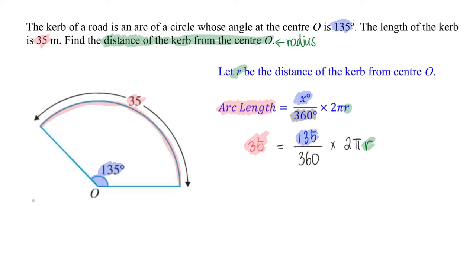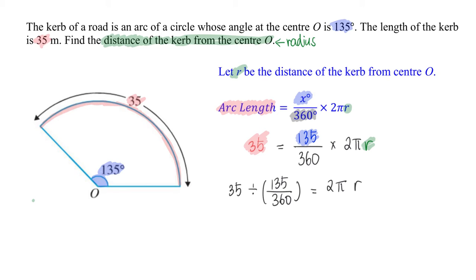So step 1, let's do some algebra. I'm going to divide by 135 over 360 on both sides. So that will leave me with 2 pi r.